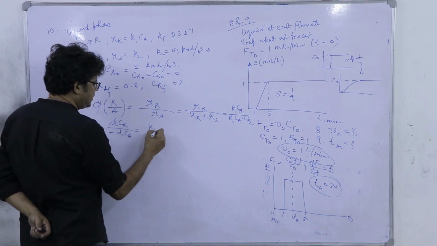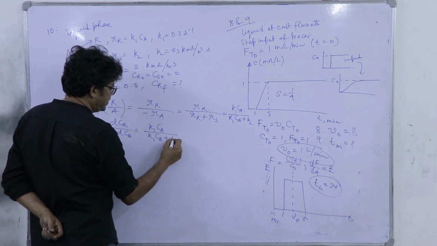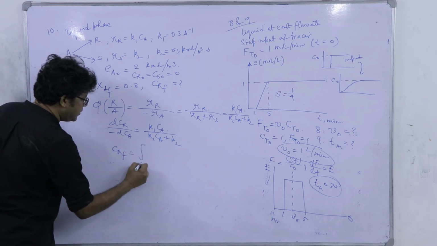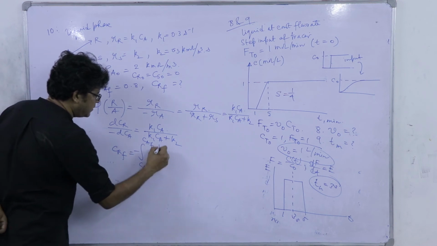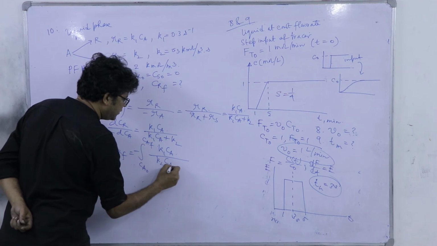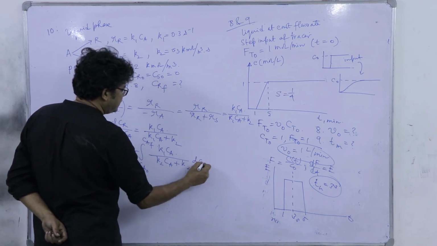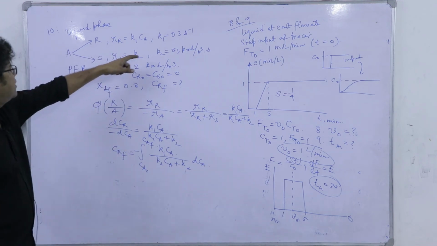So, which is K1 Ca by K1 Ca plus K2. So, CRF, this is Ca naught to CAF with a minus sign, K1 Ca divided by K1 Ca plus K2, dCA. Next, we have to do a bit of algebra.